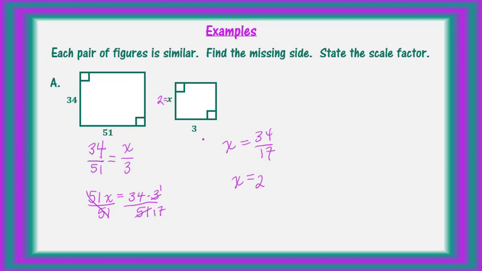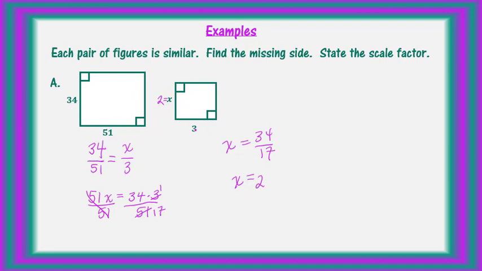Now, scale factor, what does that mean? The scale factor is a number that I can multiply every side in the smaller figure by to get the corresponding measurements in the larger figure, or that scale factor can be used to divide the measurements in the larger figure to get the measurements in the smaller figure.